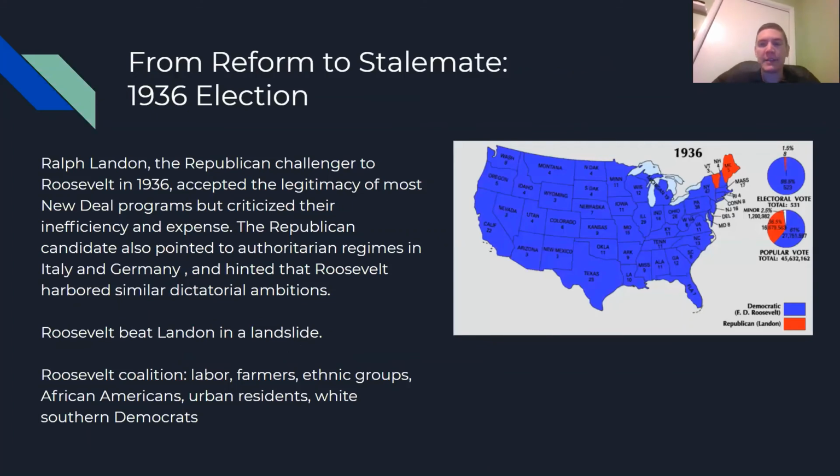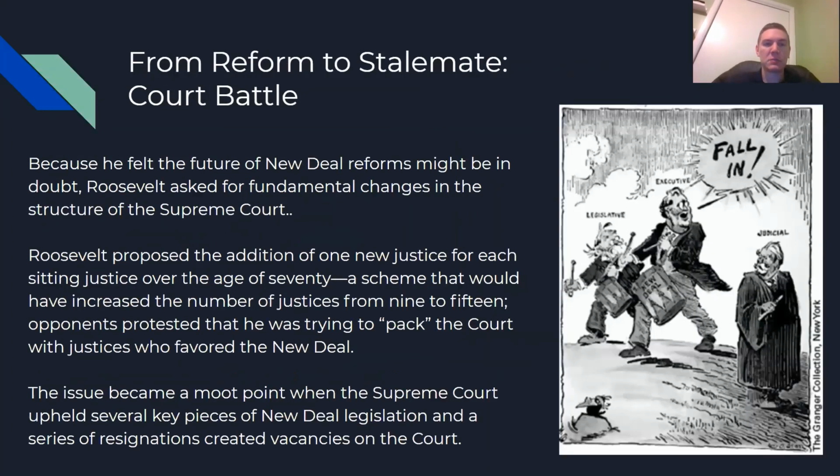Roosevelt wins in a landslide again in 1936. Now, many of the Supreme Court members did not approve the New Deal programs. They shut down the NRA, they shut down the AAA, and so Roosevelt threatened to pack the court by nominating 6 more judges to the Supreme Court who would favor the New Deal.